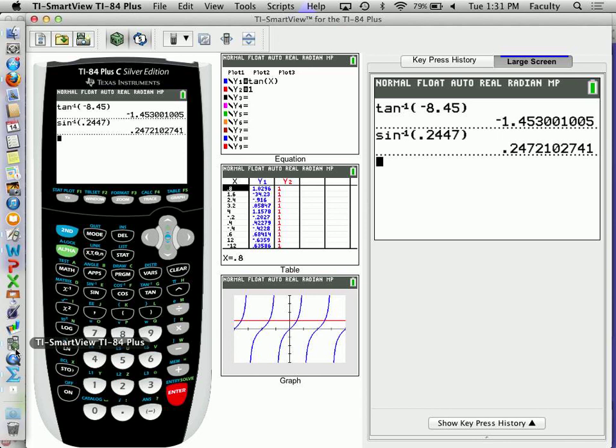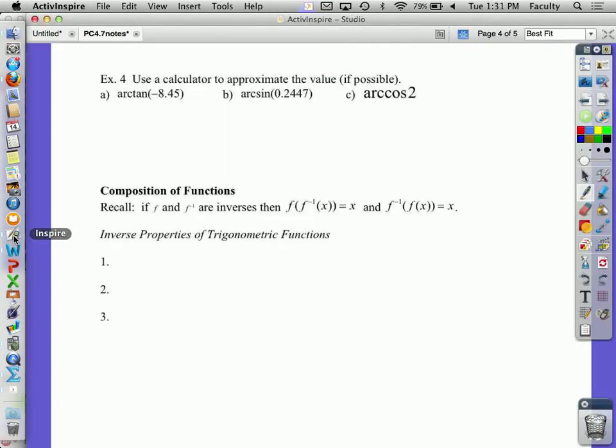All right, letter B, inverse sine of 0.2447 is 0.2472. It really does not matter how many decimals you go unless the homework says go 2 decimals, 4 decimals. It really doesn't matter. Now, what's wrong with letter C?